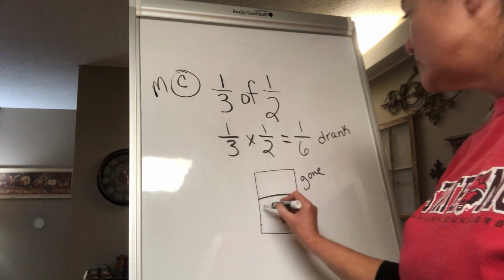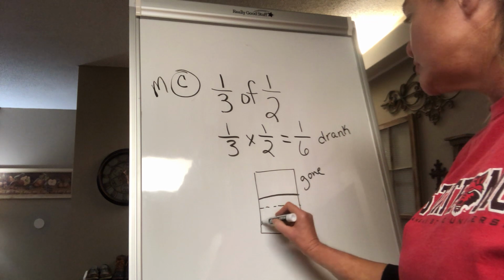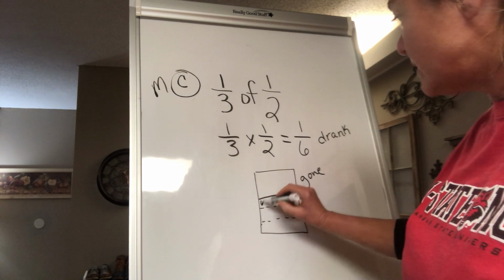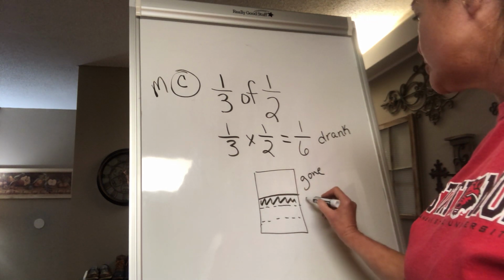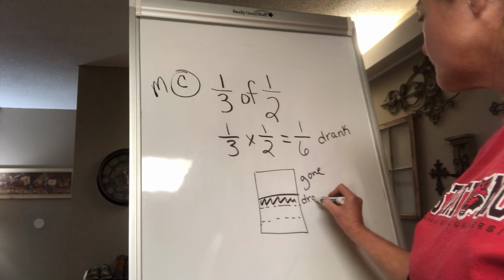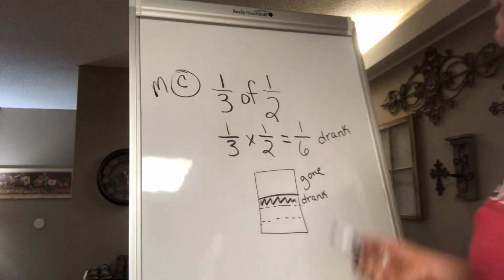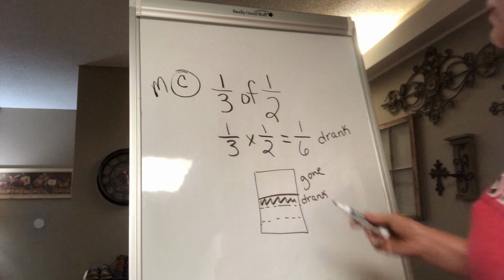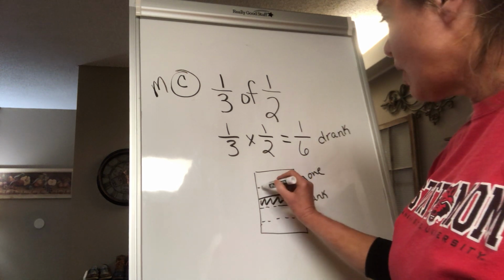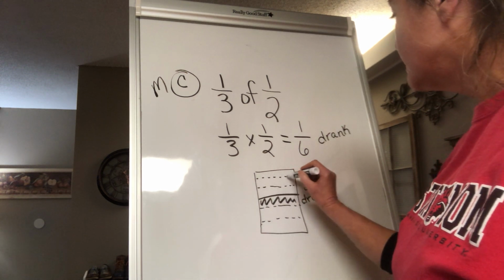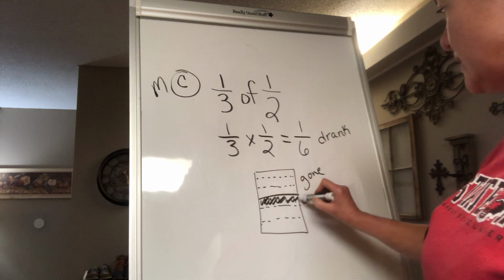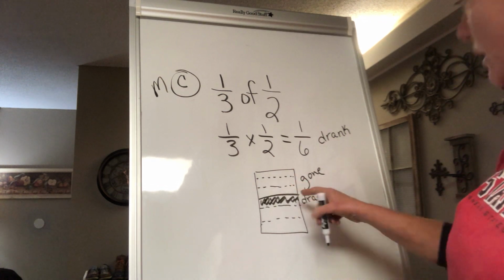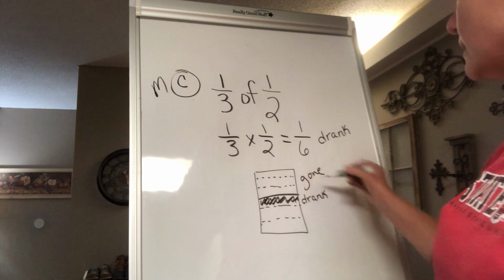And then it says he drank 1/3 of that. So this is how much he drank. And then if we look at it, if this had all still been here, and this was just what he drank, 1/6.